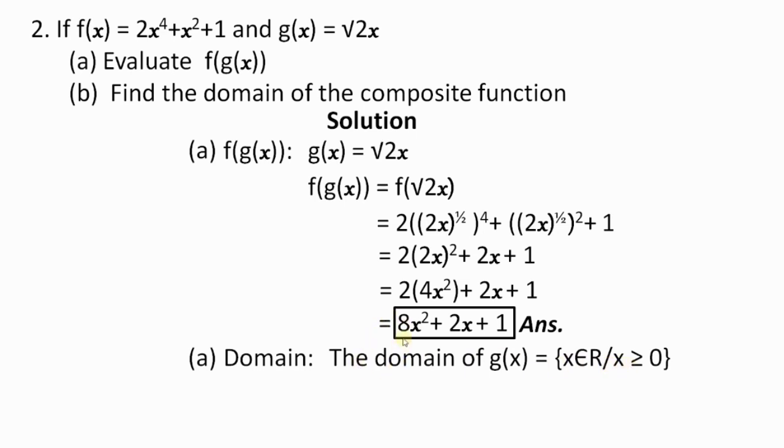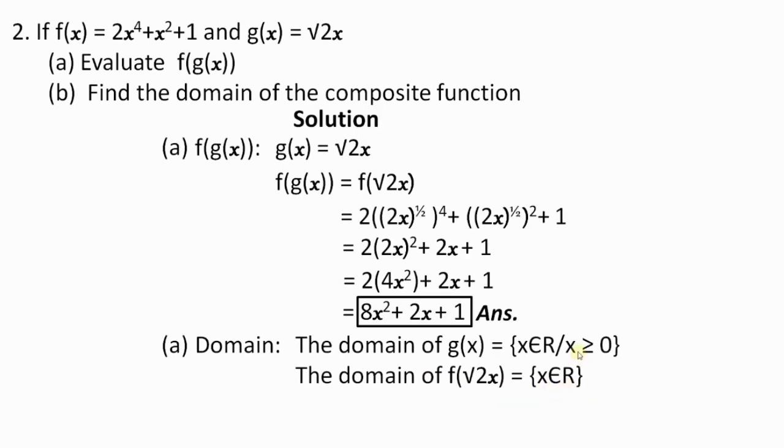And the outer function, which is f of root 2x, that would be this equation. What would be the domain for this equation? If you see this equation, x can take on any real number. So we say the domain for f of root 2x would be the set of all real numbers. So what we would do is to find the intersection of these two sets.